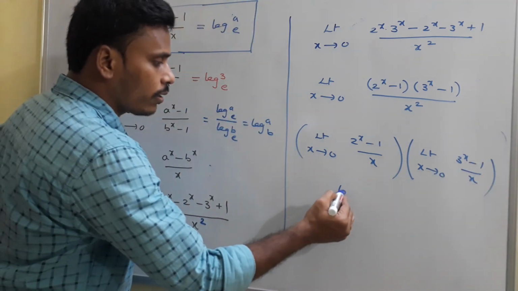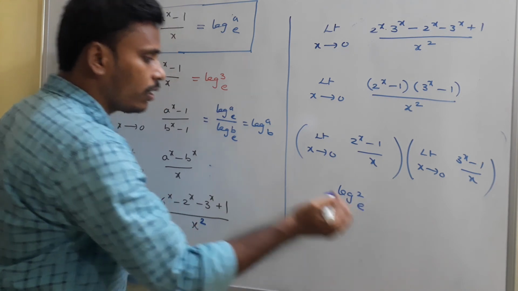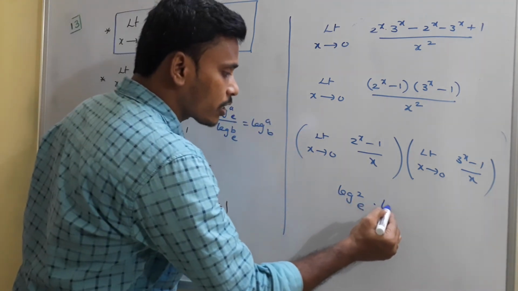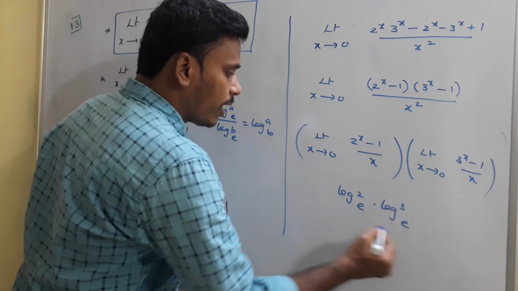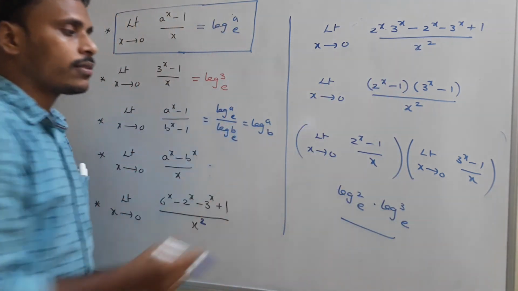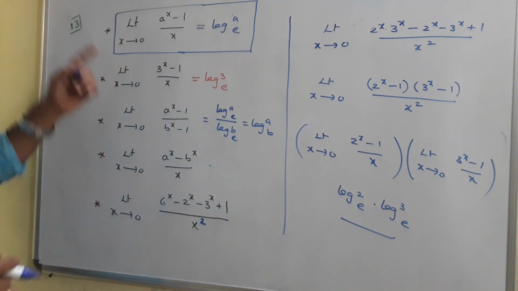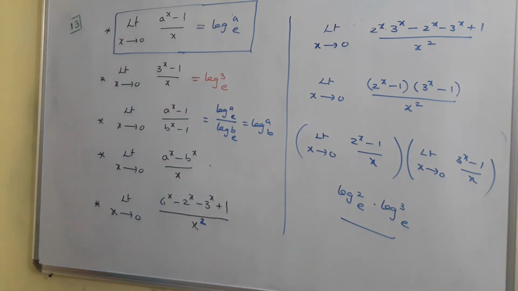For the first one, our answer is log 2 base e by this standard law, and for the second one, our answer is log 3 base e. So at the end, our answer is log 2 base e into log 3 base e. Okay, just have a look. These are some problems related to a power x.